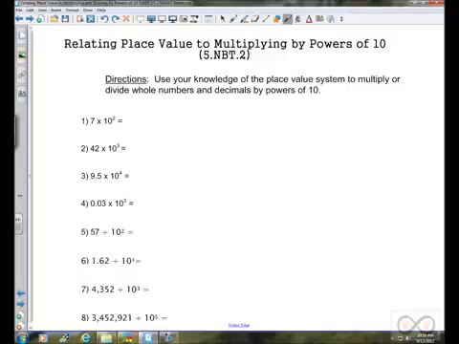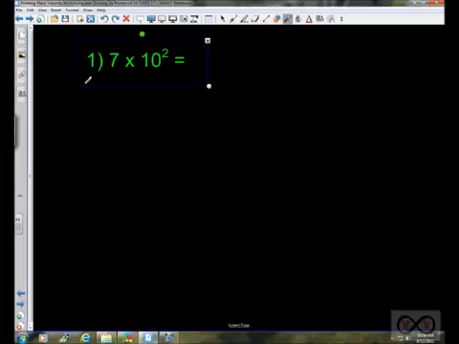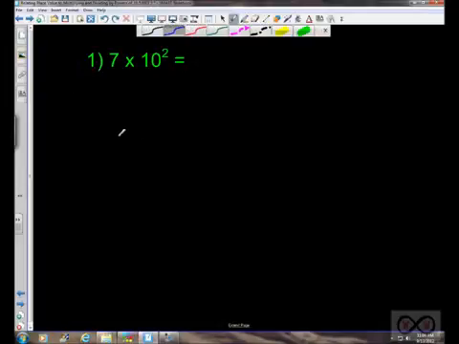So let's take a look at this first one, 7 times 10 to the second. So let's use that shortcut we learned based on the base 10 foundation of our place value system. The original number we're working with is 7, and you're multiplying by 10 to the second power. Remember what I said about that decimal point?